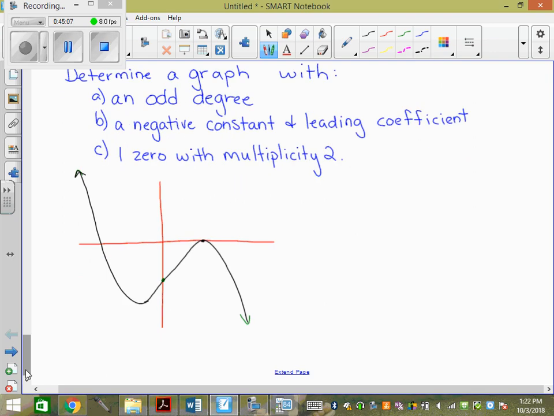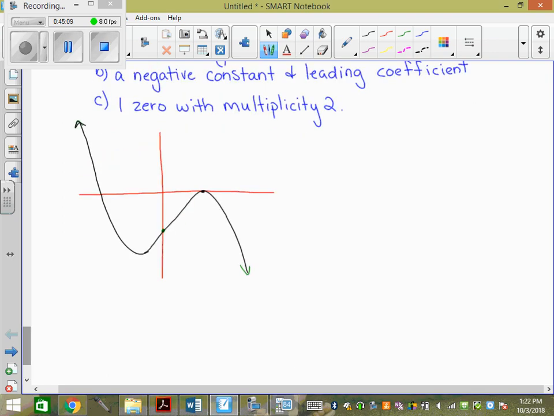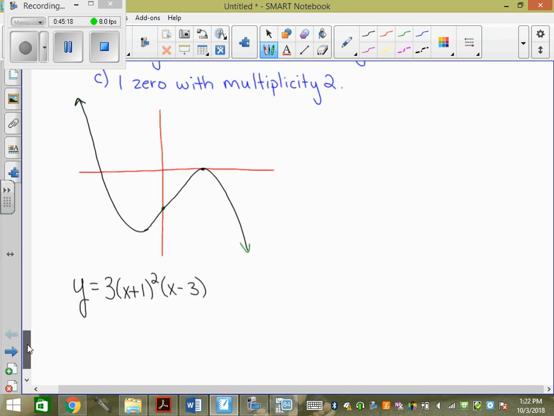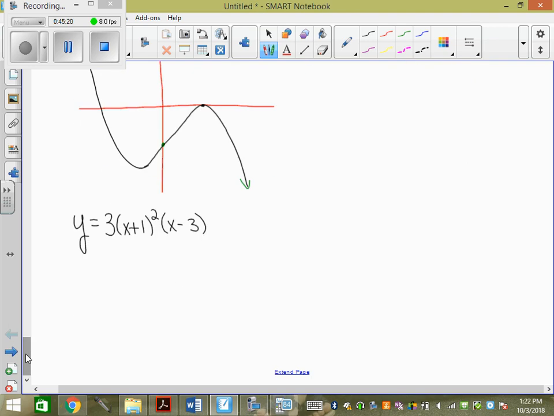So if I give you this, y equals 3, x plus 1 squared, x minus 3. Uh-oh. There's brackets. Now I have to expand the whole thing out so there's no brackets. No. Different forms give you different things.